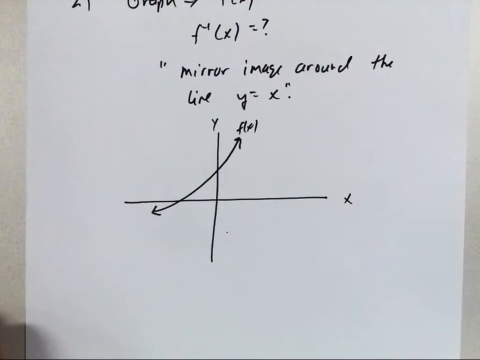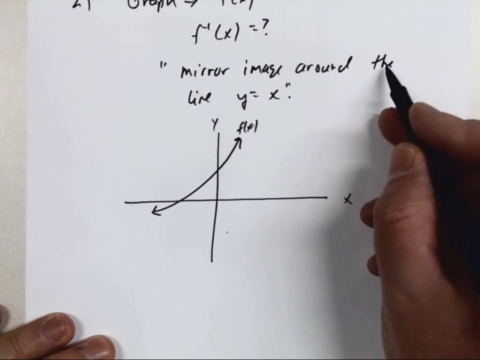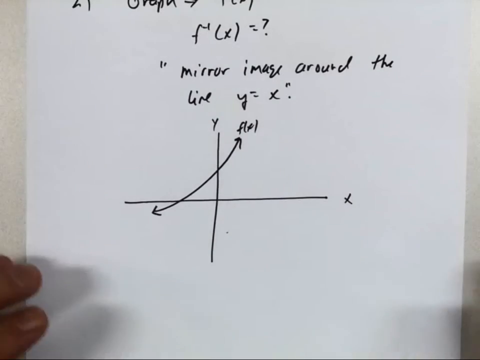Here's my function. I want to go ahead and also graph the inverse function. Here's what you do. Mirror image around the line y equals x. Remember mirror image with graphs?